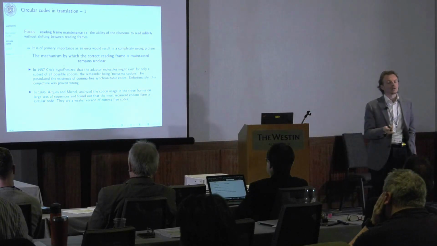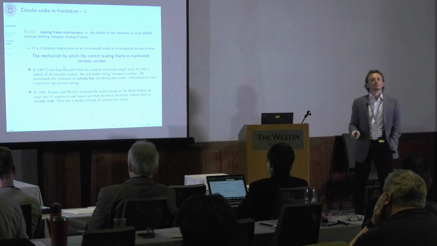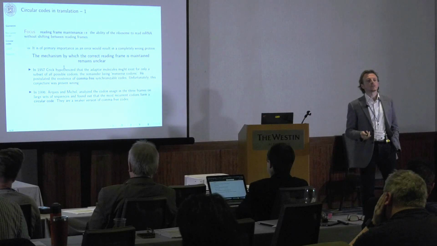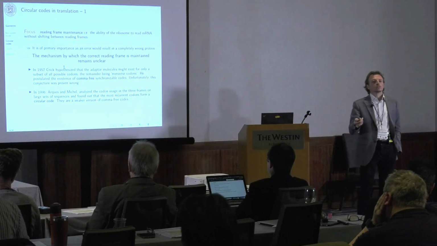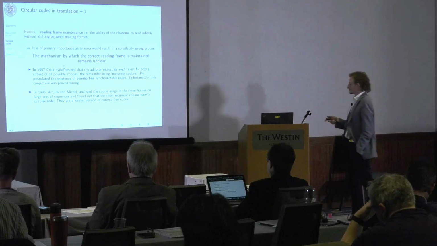They found that these 20 formed a sort of code which they called circular code, because it's a weaker version of comma-free codes. It allows one to retrieve and detect the right frame.